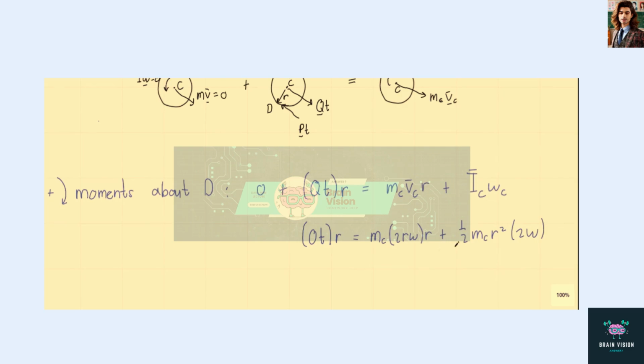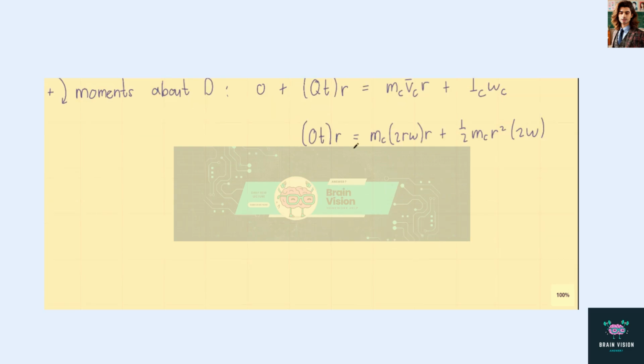So we're just writing in our values for each of these variables. And if we simplify this, we are left with our impulse Q t equal to 3 times the mass of disk C times r times omega. So we'll call this equation 1. We have too many unknowns here to solve for this.